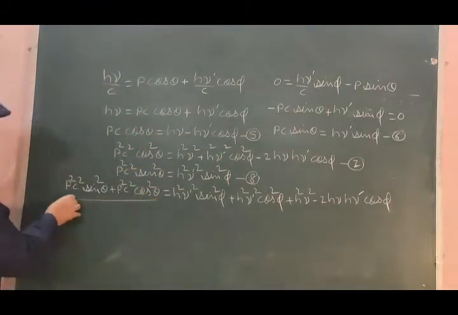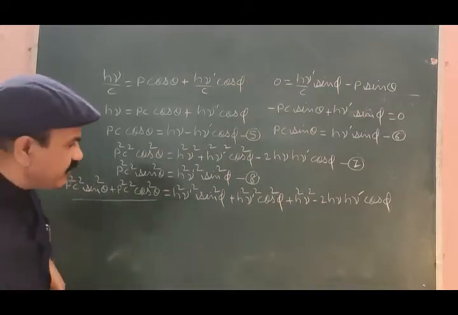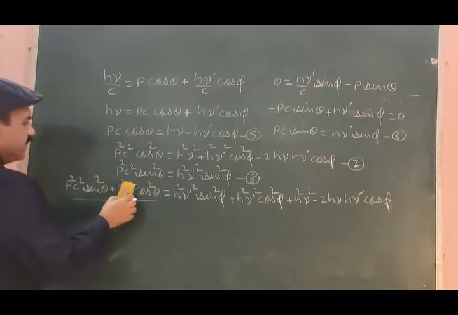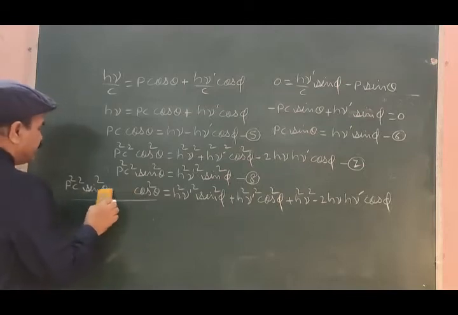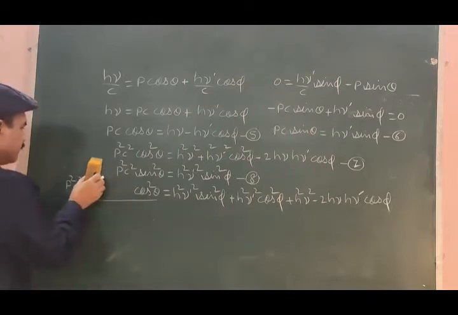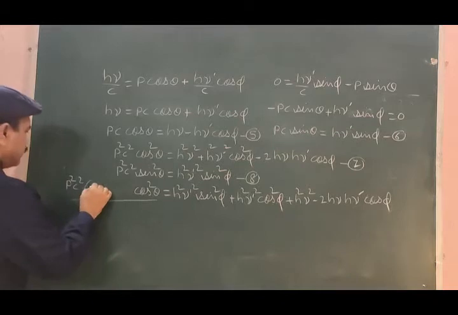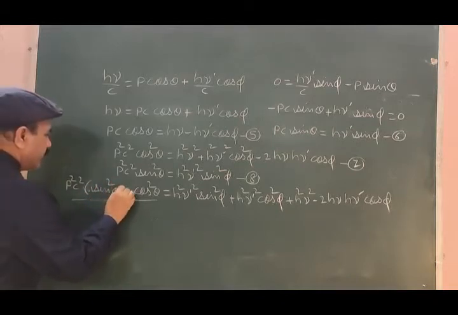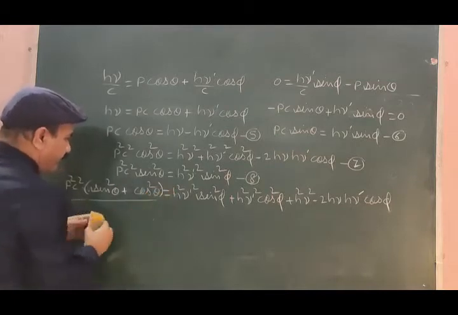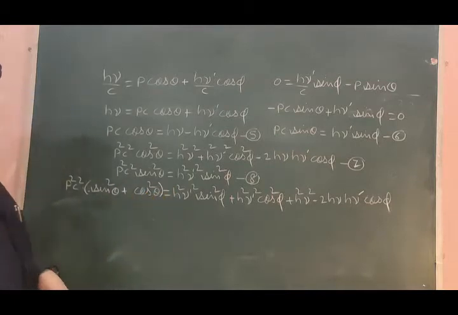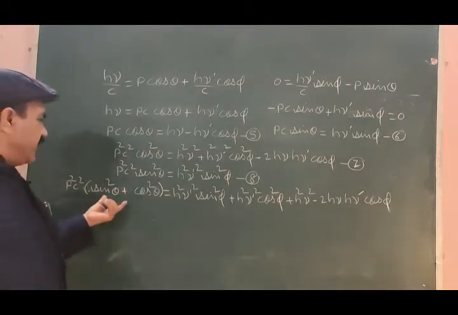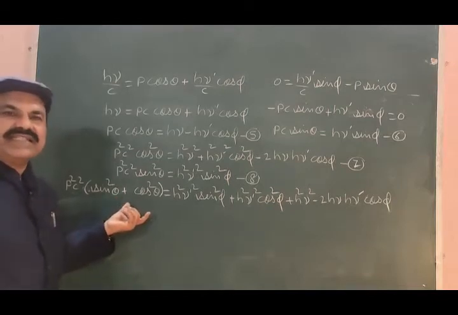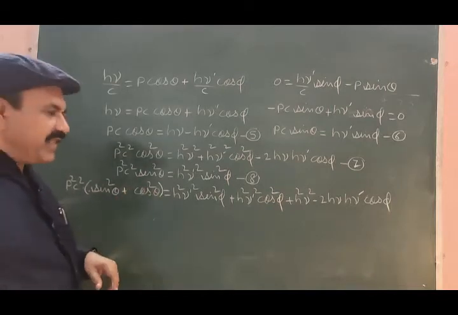From these two terms, p square c square can be taken common. When p square c square is taken common, in the bracket we get sin square theta plus cos square theta.